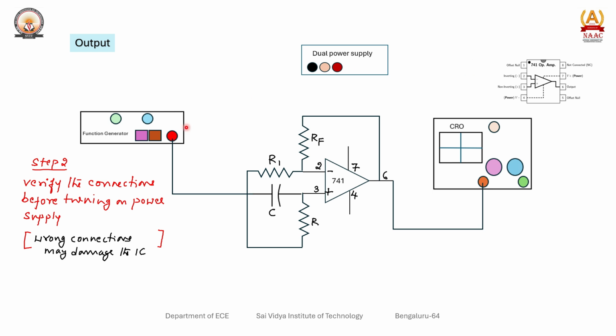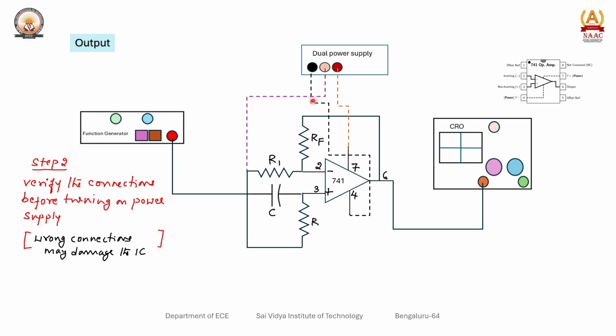In the next step, you have to verify the power supply connection that you have given to the op amp. Plus 15 volts to the 7th pin, minus 15 volts to the 4th pin, and connect the common ground. If these pins are reverse connected, the IC may get damaged.